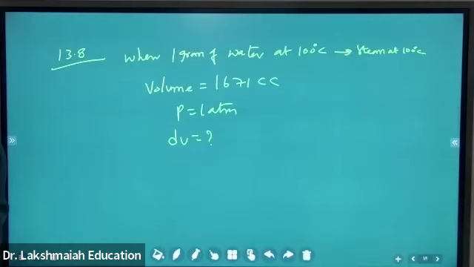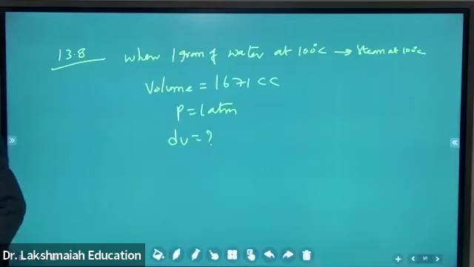Sir, in the last question, dU is equal to dQ minus dW, that is 1500 minus 525. Then the answer is 975, not 1075. That answer is what they did, that is wrong.